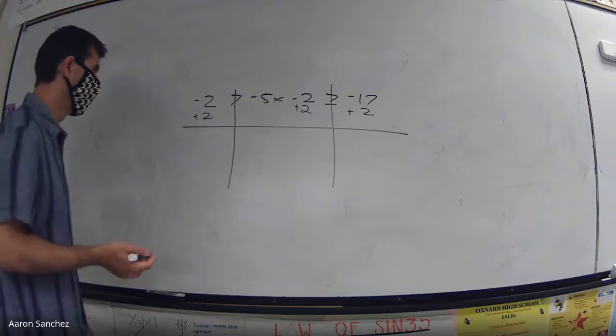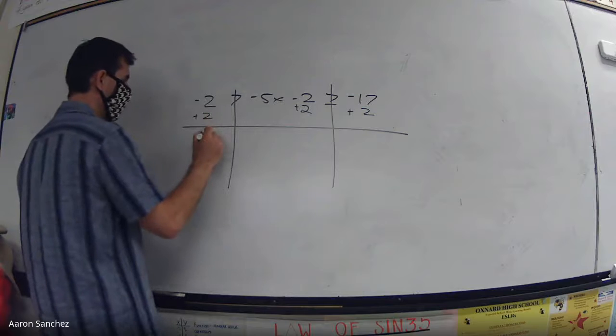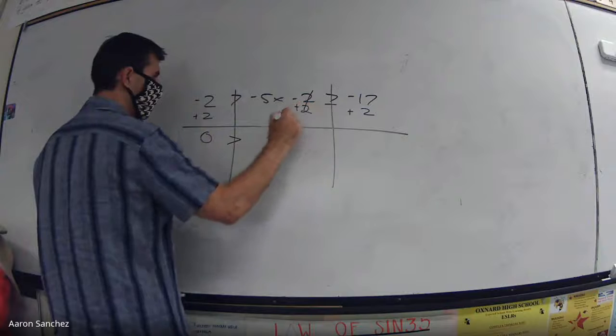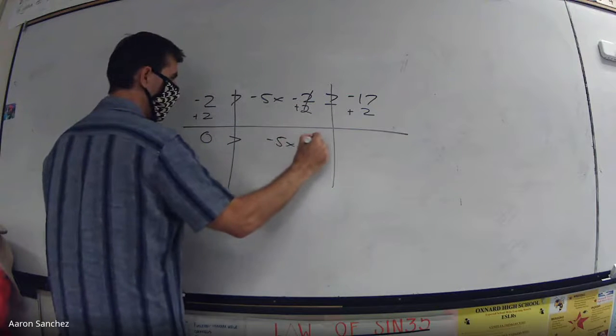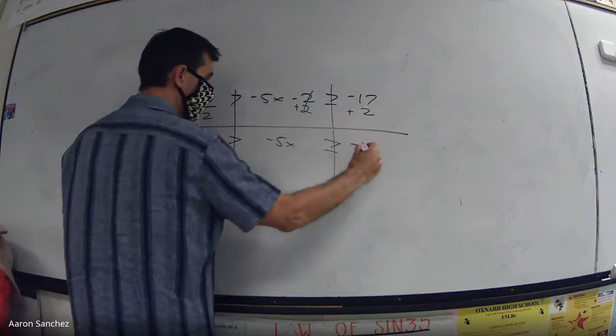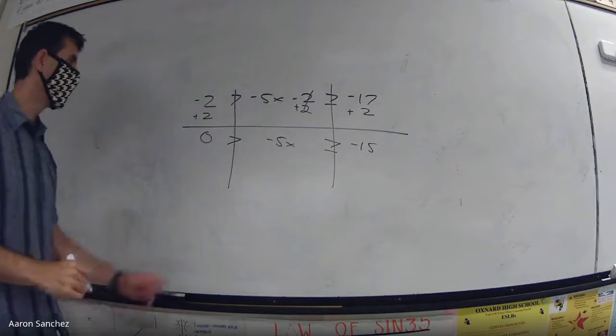And so negative 2 plus 2 is 0. And then you bring this here. This goes away, so it's negative 5x less than or equal to negative 17 plus 2, which is negative 15. But see, I got rid of the 2.